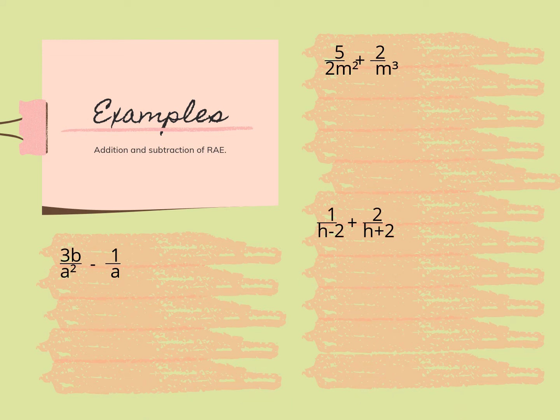So, gaya dito, 3b over a squared minus 1 over a. Magkaiba sila ng denominator. Therefore, the first thing you have to do is to get their LCD. So, sa ilalim, parehong 1 ang numerical coefficient, walang iba kundi ang given lang is a squared and saka a.